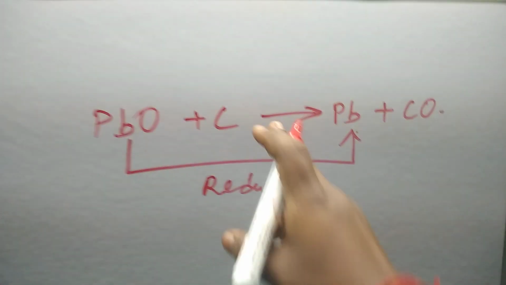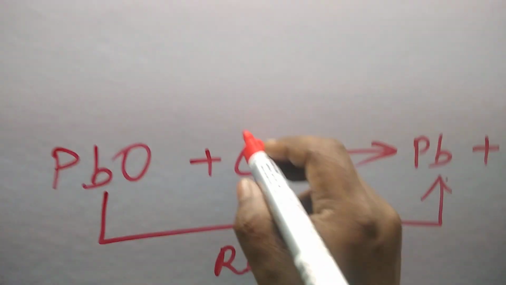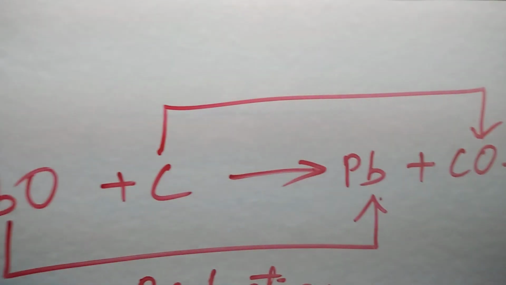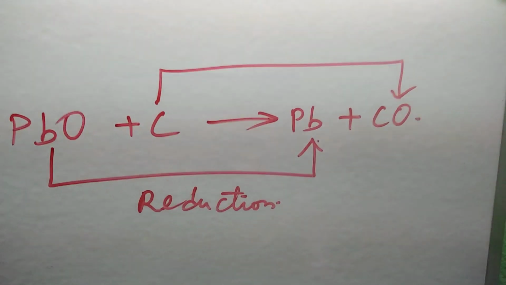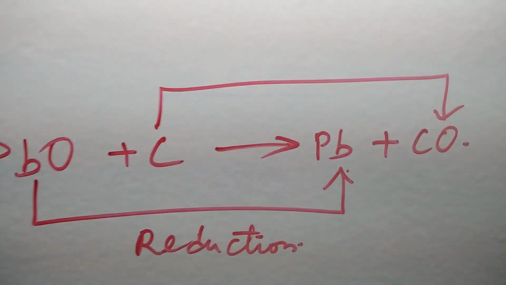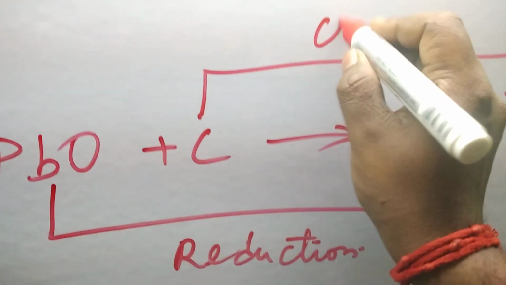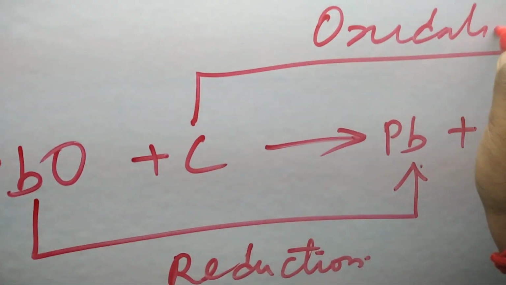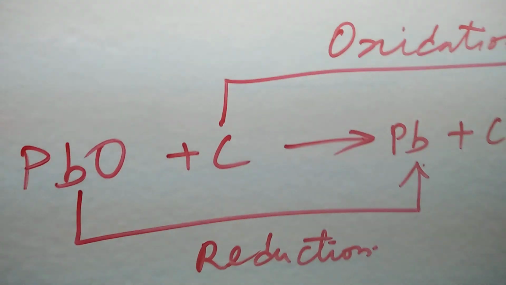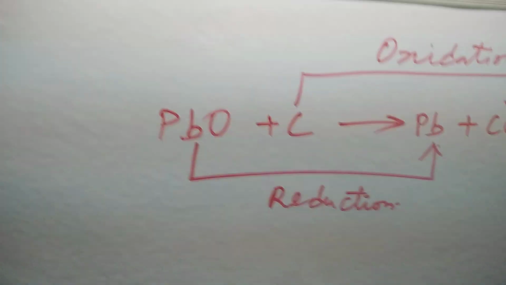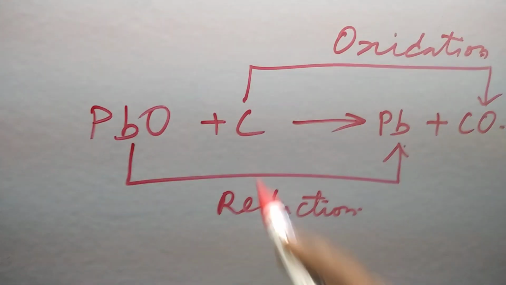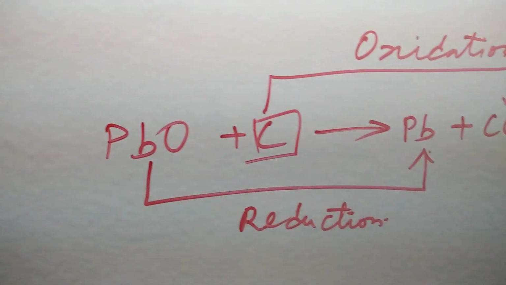And here carbon formed carbon monoxide, that means addition of oxygen, carbon is oxidized into carbon monoxide, that is oxidation. And PbO is the oxidizing agent and carbon is the reducing agent.